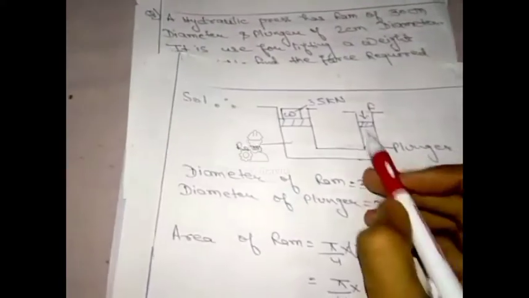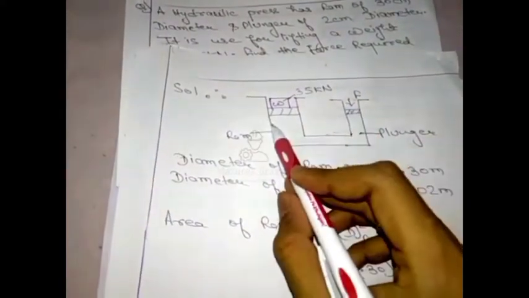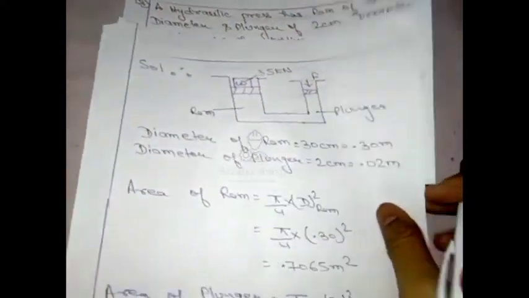So pressure on the ram is equal to pressure on the plunger.